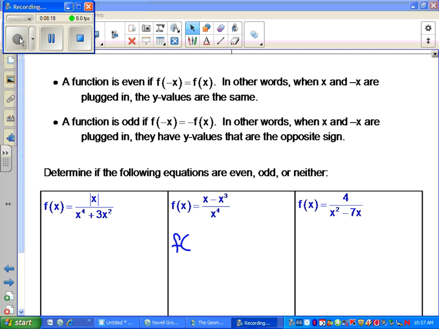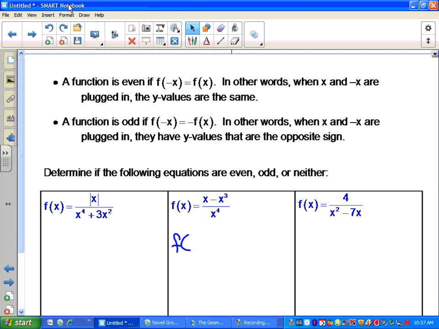So what it says here is, a function is even when you put a negative x into the original function. In other words, when x and negative x are plugged in, the y values are the same. In other words, when I plug in a negative x into the function, it's going to be equal to the positive x version.